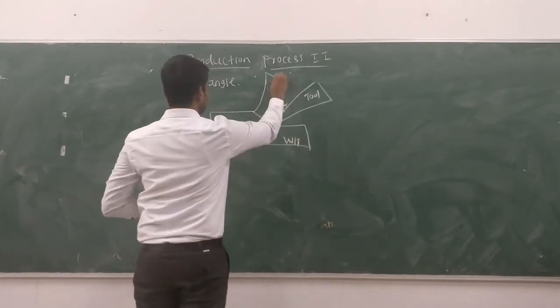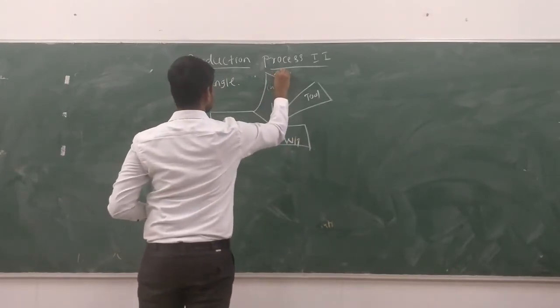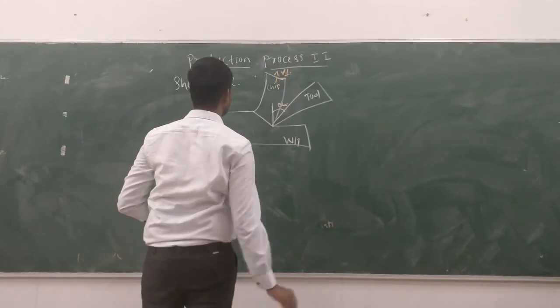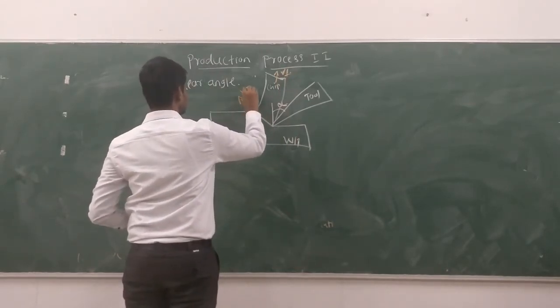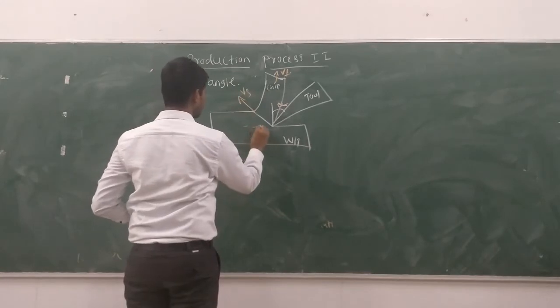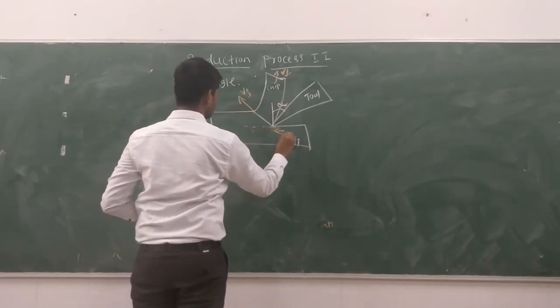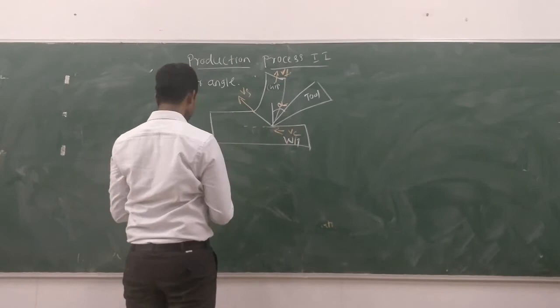And here VF is the chip flow velocity, and in this direction there is a shear velocity, and in this direction we have the cutting velocity.